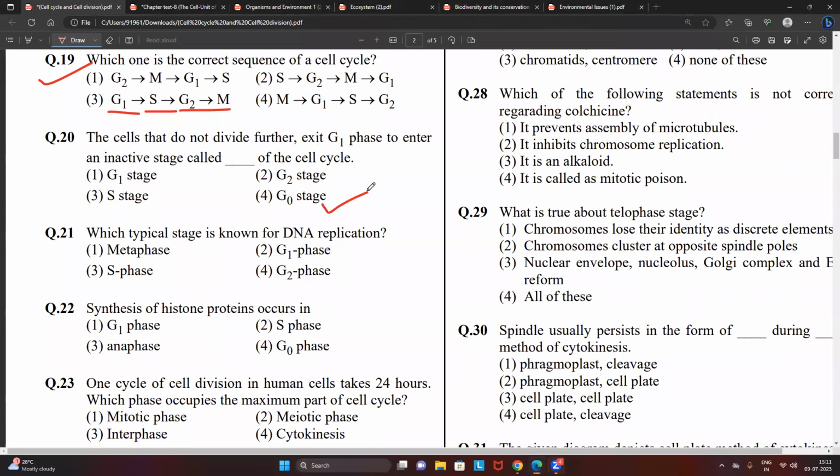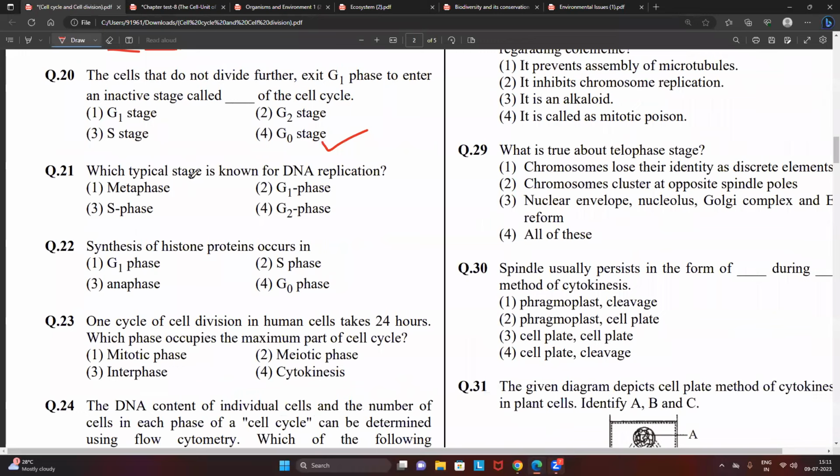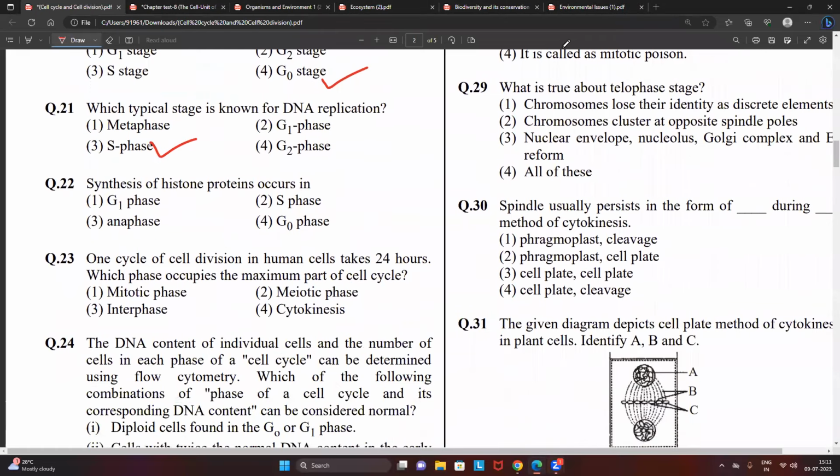We all people commonly know that G0. Which typical stage is known for the DNA replication? Obviously S phase. Okay, I want all the students to understand.